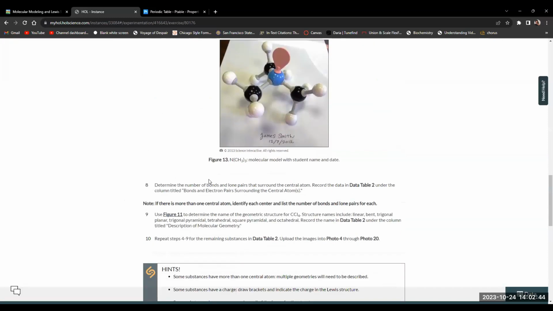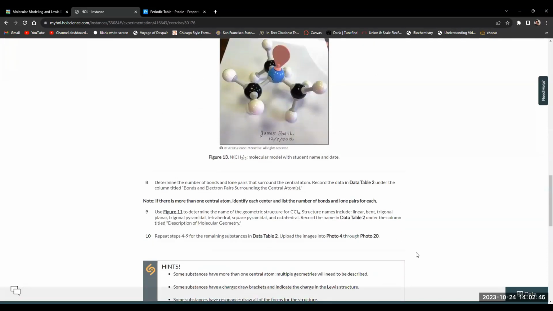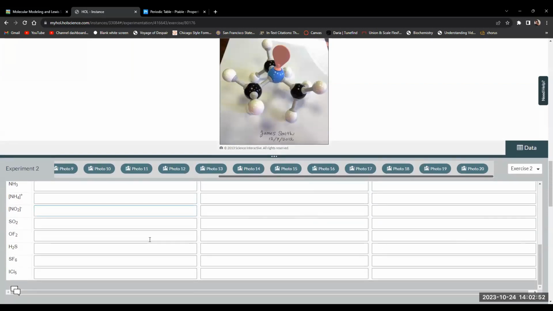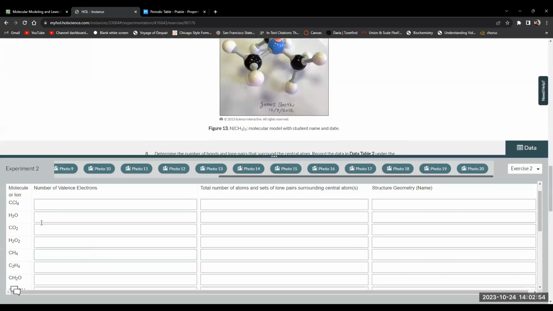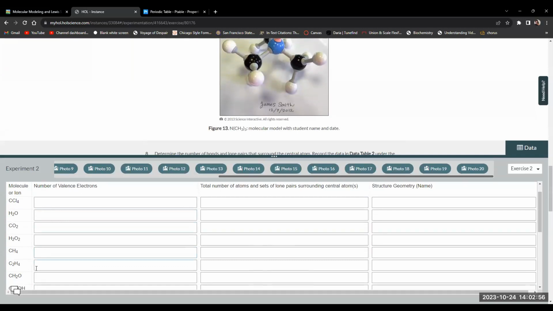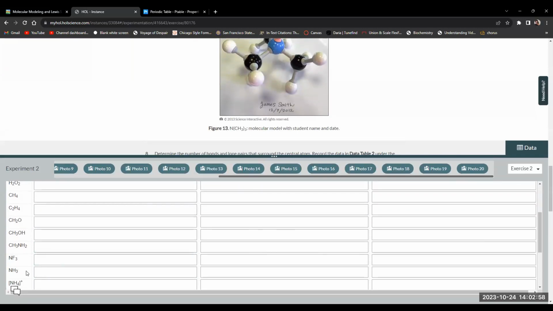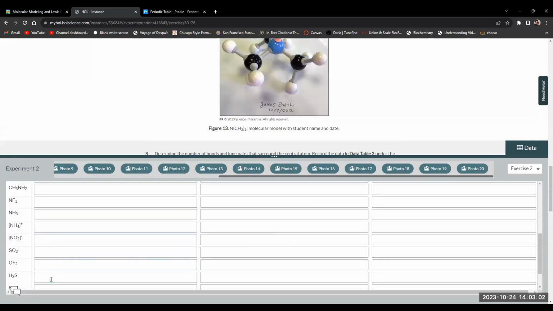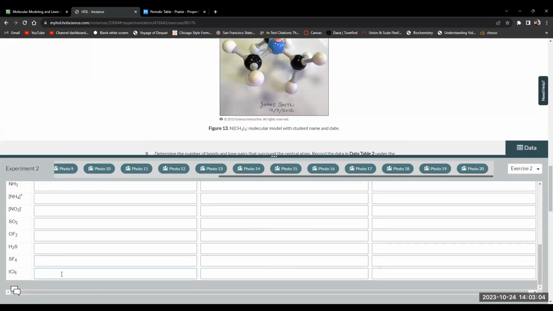I think the list of which ones you're going to build is here. 1, 2, 3, 4, 5, 6, 7, 8, 9, 10, 11, 12, 13, 14, 15, 16, 17, 18. Okay, 18 total structures.